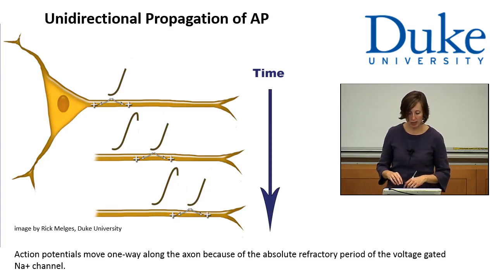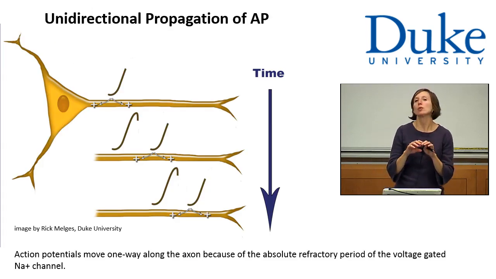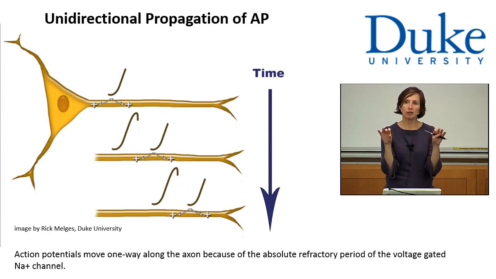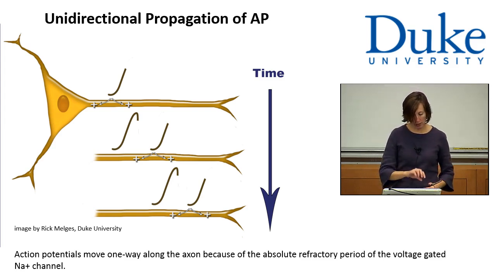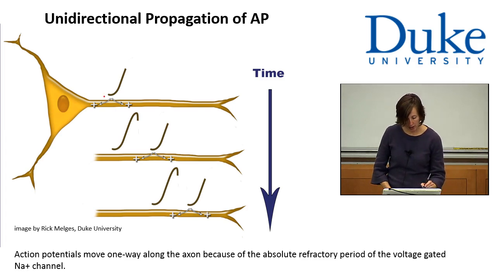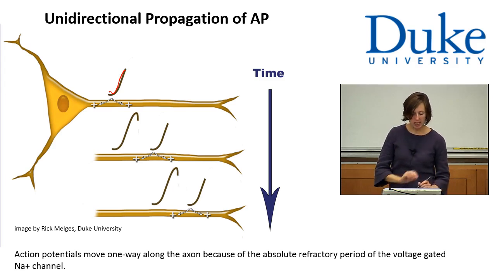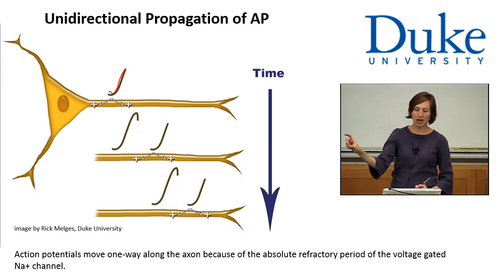And that's what's shown here. So remember, we're going to be talking about the fact that these voltage-gated channels that mean that an action potential can occur are going to be in an axon. So here's a neuron with an axon, and we're saying that right here we're having an action potential, and that it's going to travel down the axon.